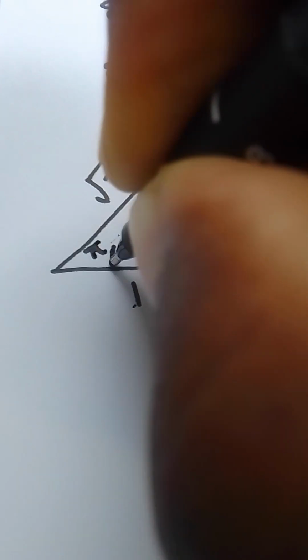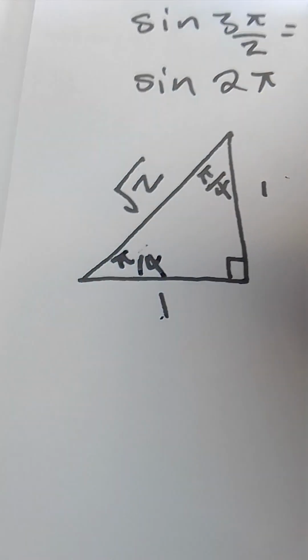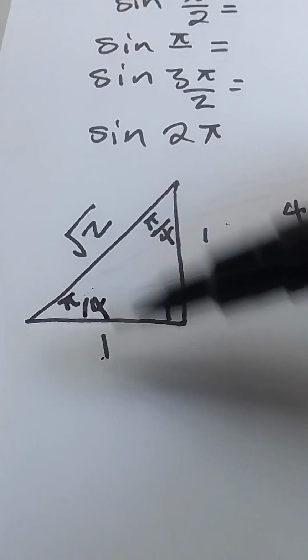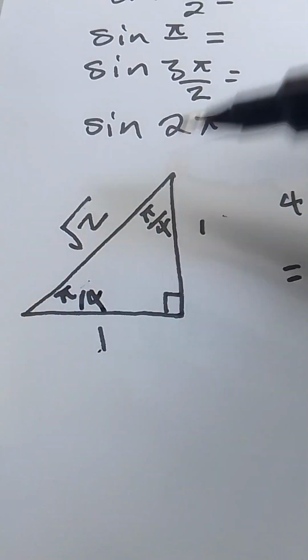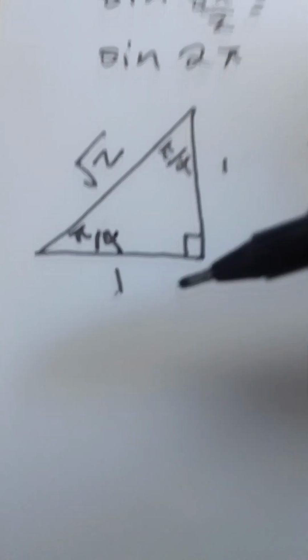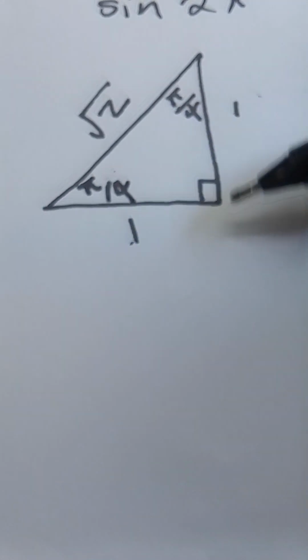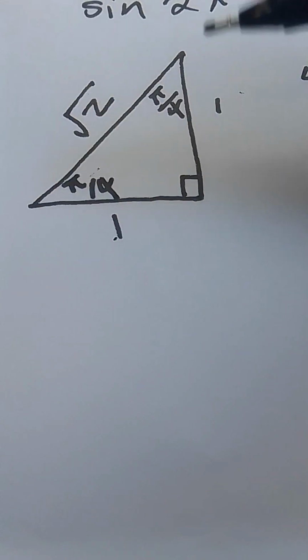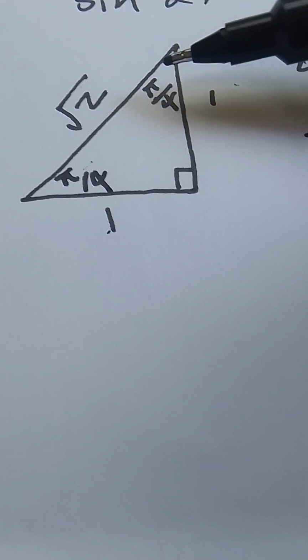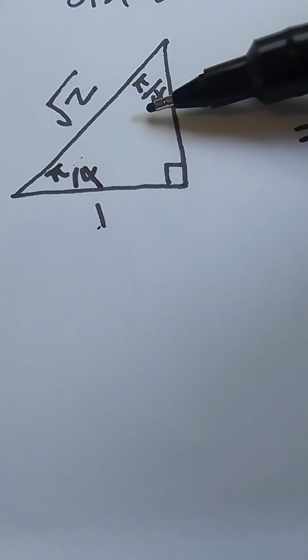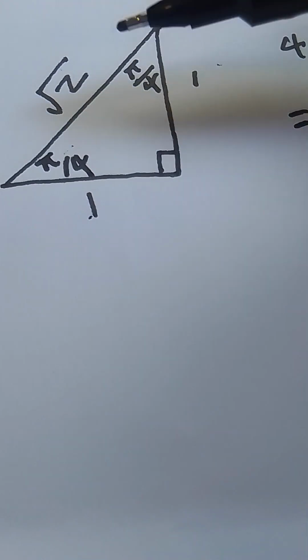If you know the angles, you can already tell what the ratios will be. But now, I want you to be able to imagine the triangle in your head. With 45 degrees, it's better because sine and cos are the same.